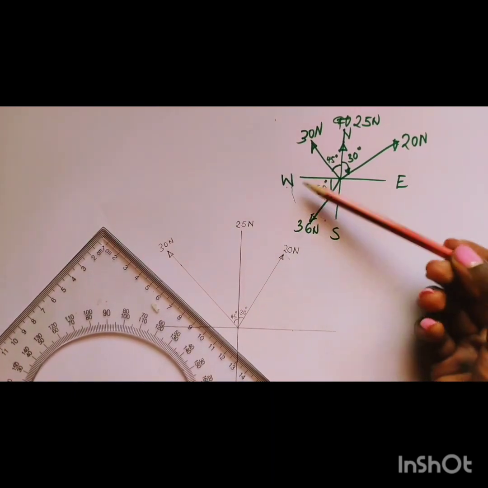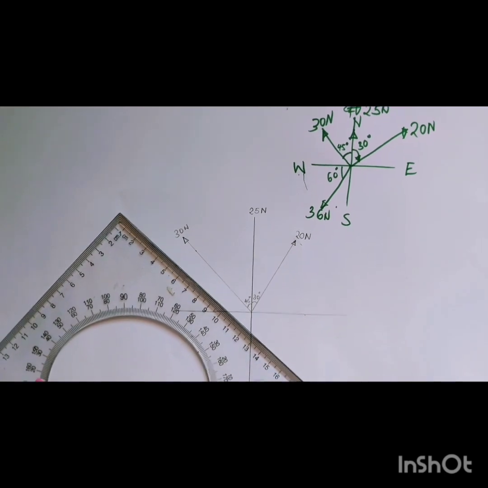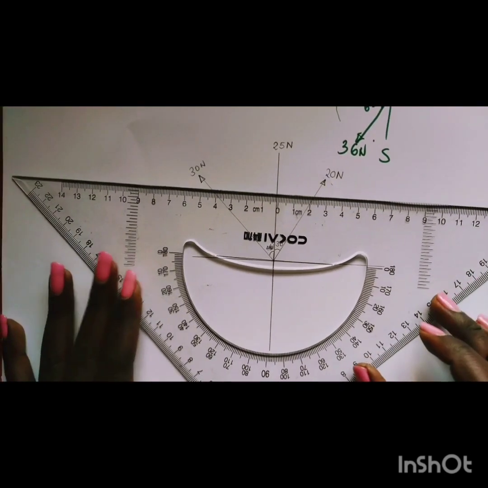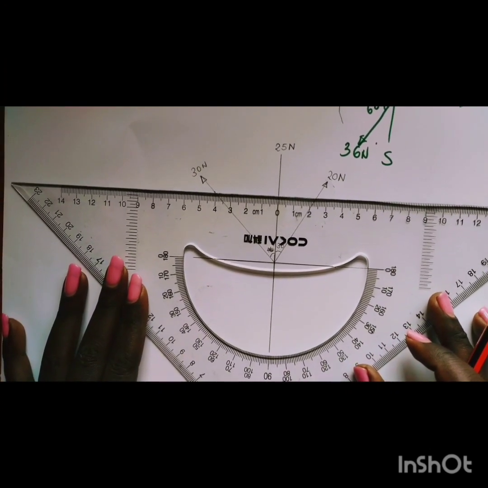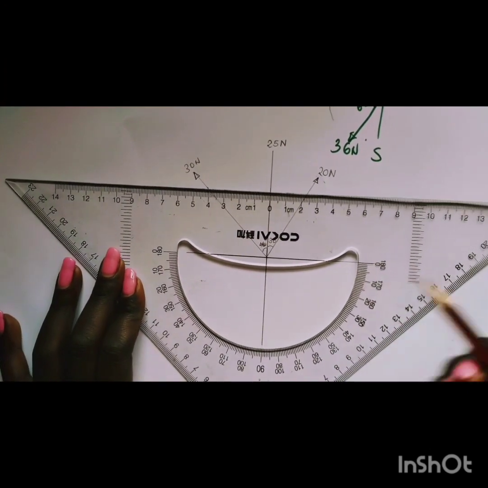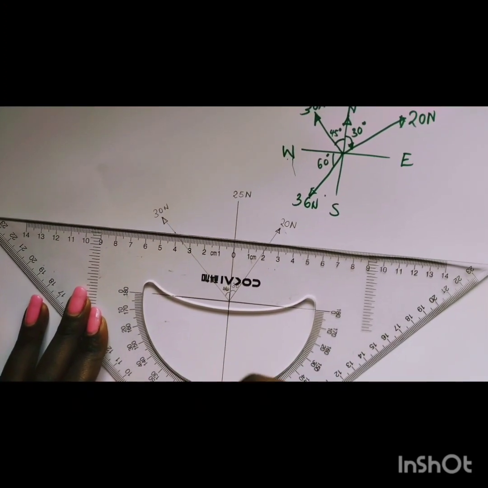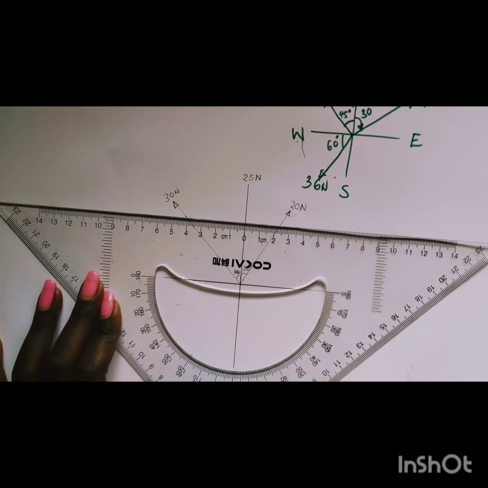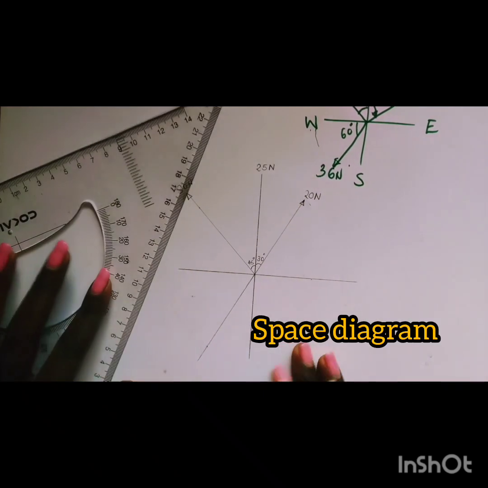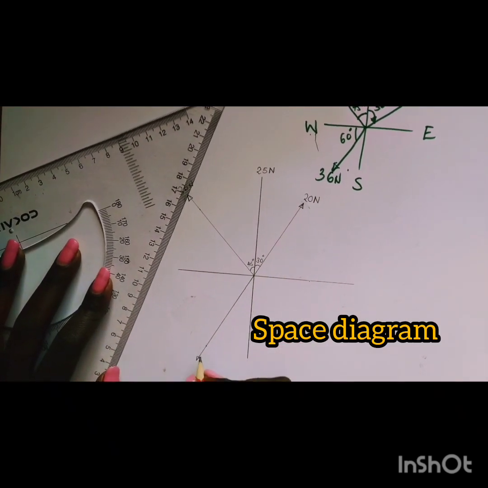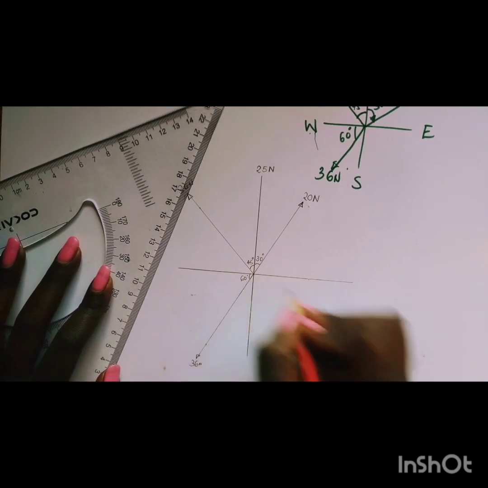So we also have this other force west towards the south, and it's inclined at 60 degrees. This is how we draw it, like that. So from the west, this is our west, 60 degrees. This is always 0 to 60. Somewhere here. Draw that force. So this is 36 newtons at the angle of 60 degrees.